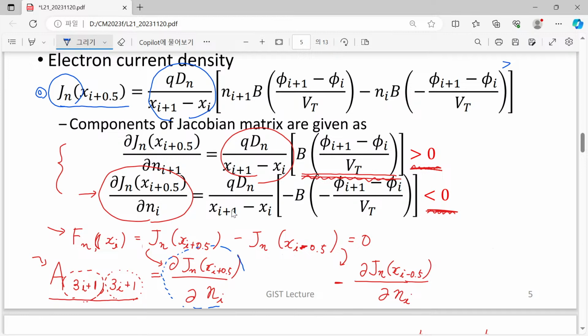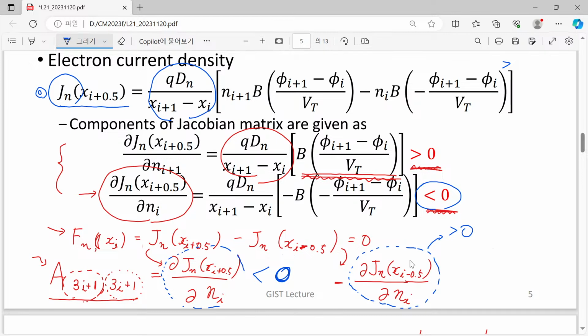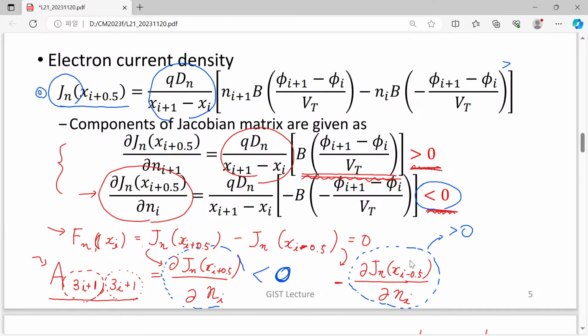As I told you, this is always negative. So are you with me? And please have a look at this one. What is the sign of this term? The sign of this term is always positive because this is corresponding to, in some sense, the right node, not the left node.